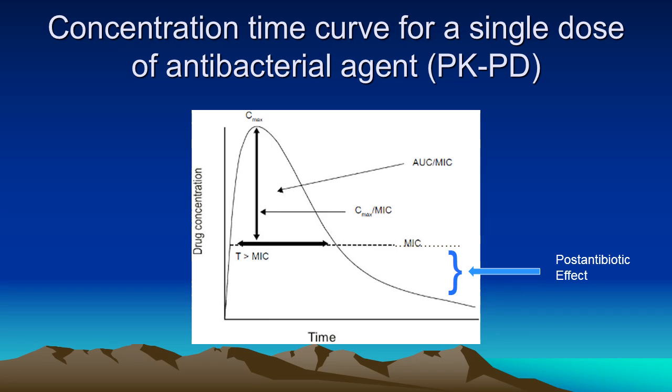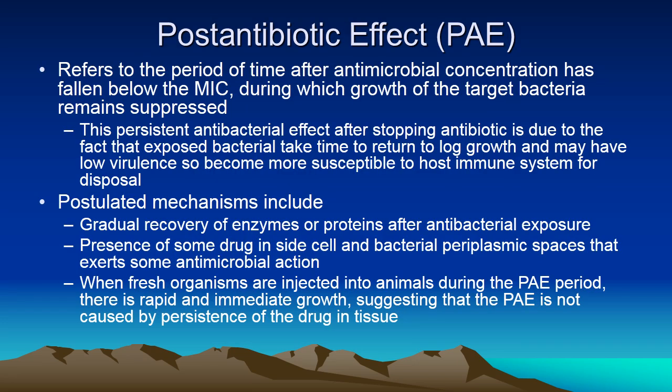The post-antibiotic effect, as is seen in the pictorial, is the effect on bacterial growth in the concentration of antibiotic below MIC, and this is the period where still some antibacterial activity persists, and this is called the post-antibiotic effect, or PAE. It refers to the period of time after antimicrobial concentration has fallen below the MIC and during which the growth of target bacteria remains suppressed.